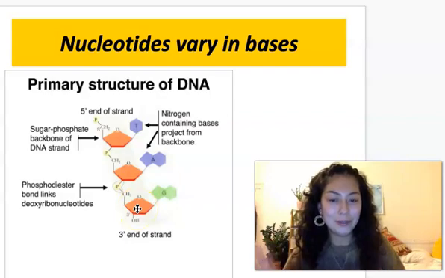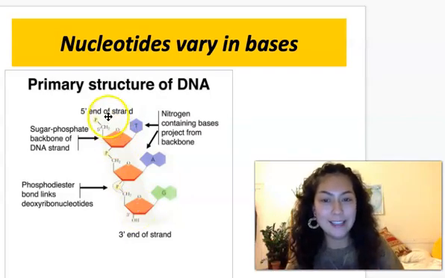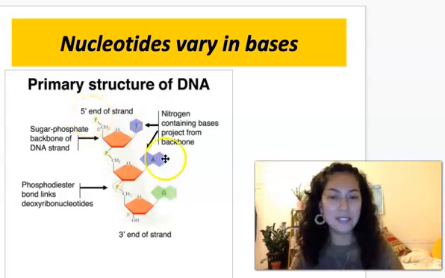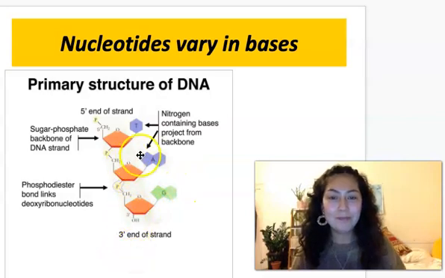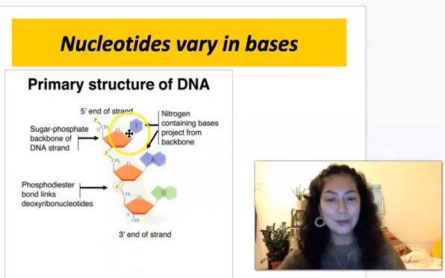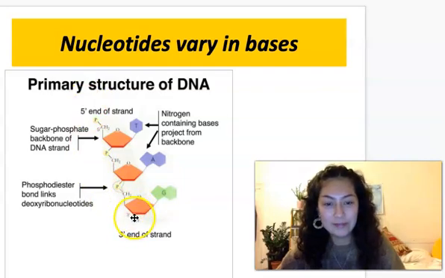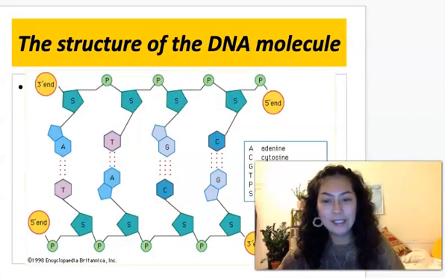You don't need to know why they're called 5' and 3'. Just remember that phosphate, 5, has an F sound to it, and sugar end is 3. The 5' is known as the head, and the 3' is known as the tail.